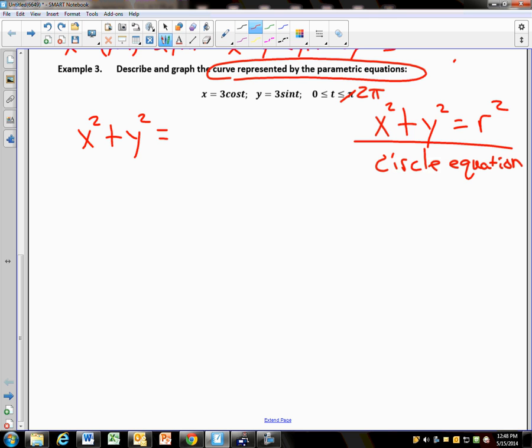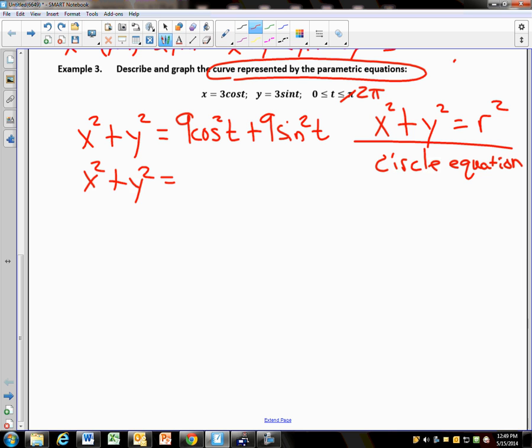I have x squared plus y squared on one side. I'm going to put x squared plus y squared on the other side as well. What is x squared? Nine cosine squared. What is y squared? What do you see, Scott?